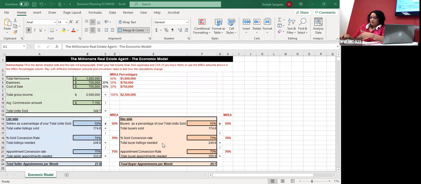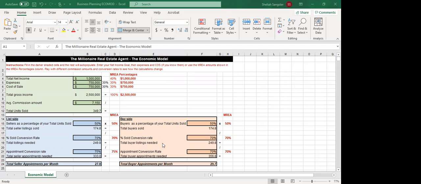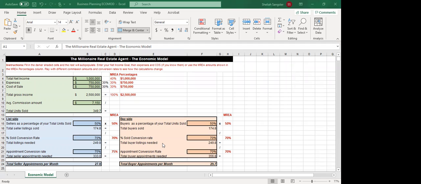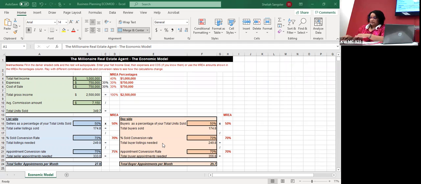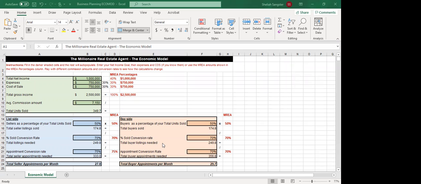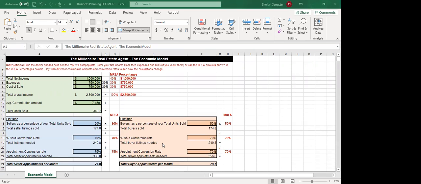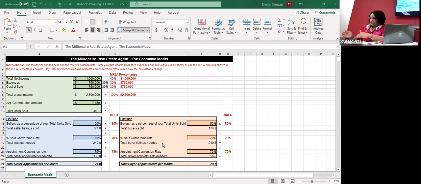Because we're going to start out with your cash flow of your gross commission income being 2.5 million. And then it's a 50-50 split on listing side and buyer side. That all depends on your conversion rates though. And then you have your listing cost of sales, how much you're paying out to your listing agents, and your admin and your company dollar and your royalties.